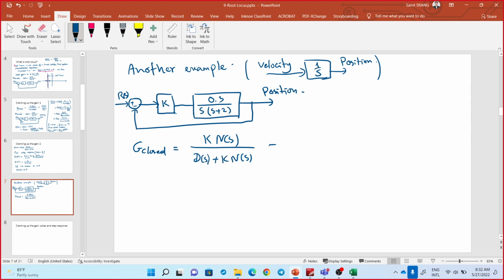So I can have 0.3k over s squared plus 2s plus 0.3k.